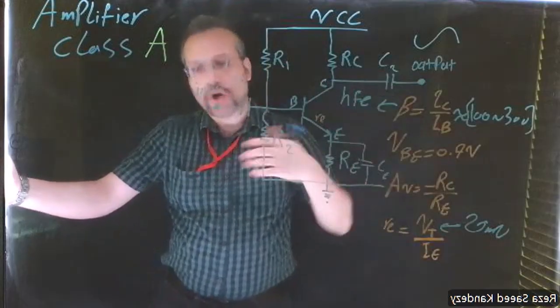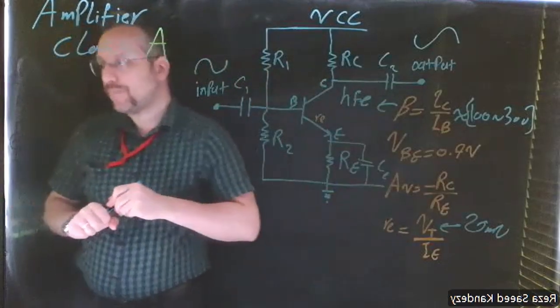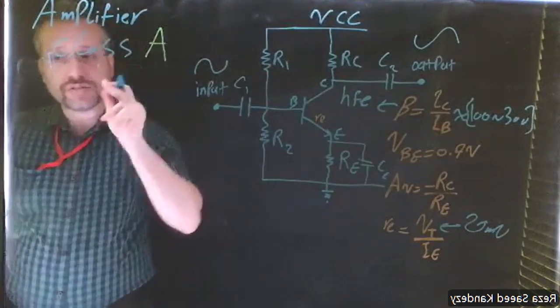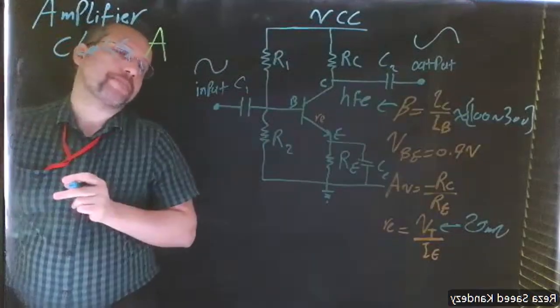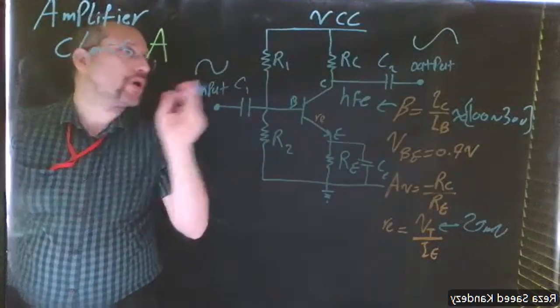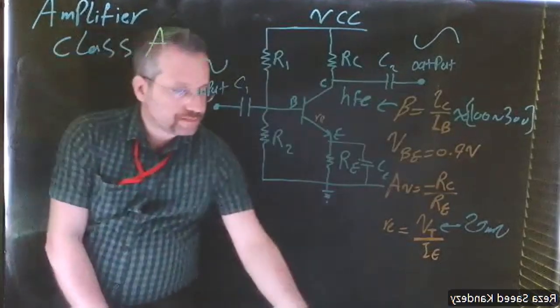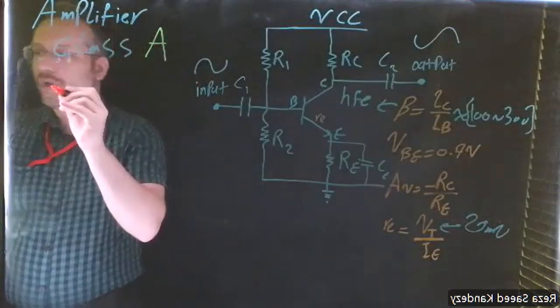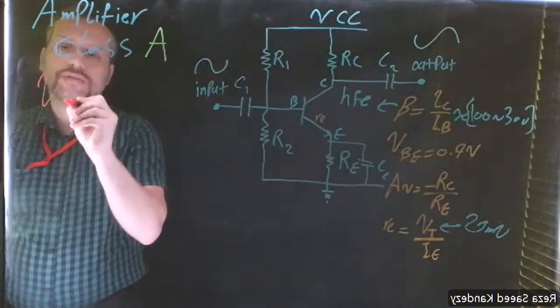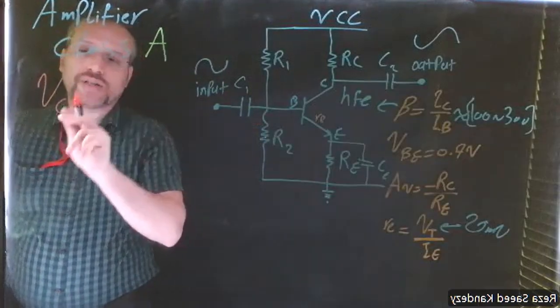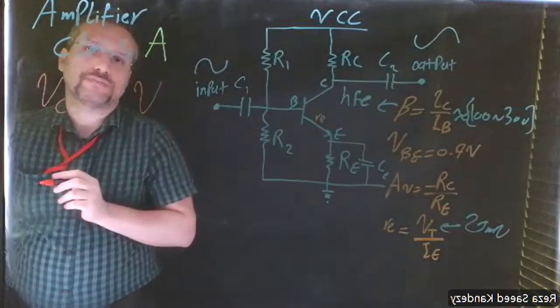Now we are going to talk about a specific example of our design. First of all, let me use another color. I want to see what my DC voltage source is. I'm going to define in this specific design that my DC source is 9 volts.